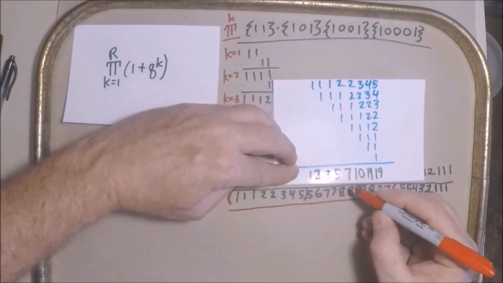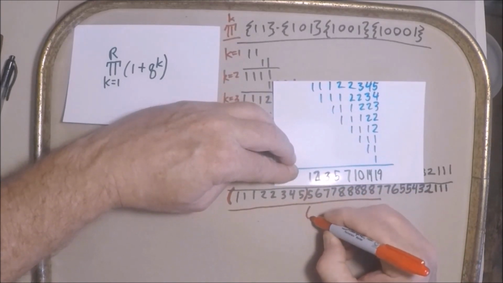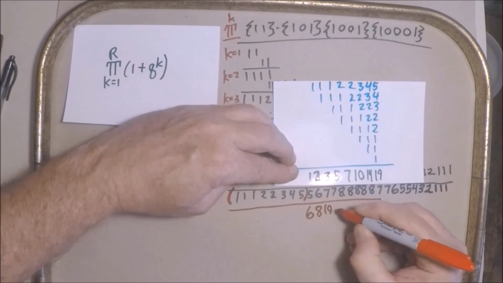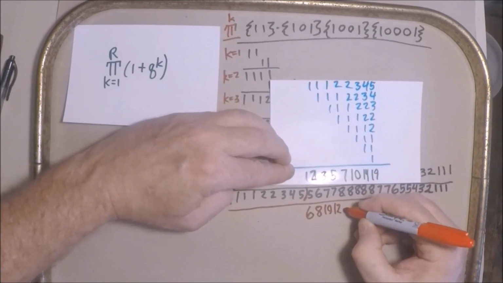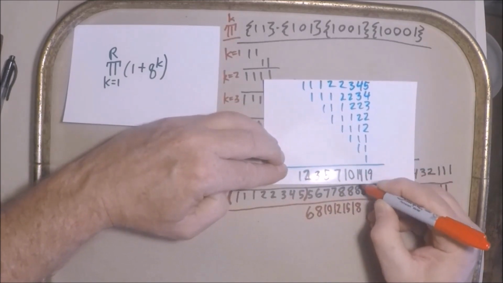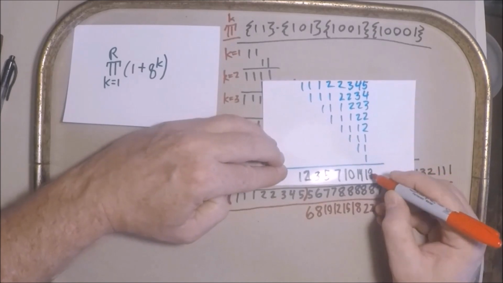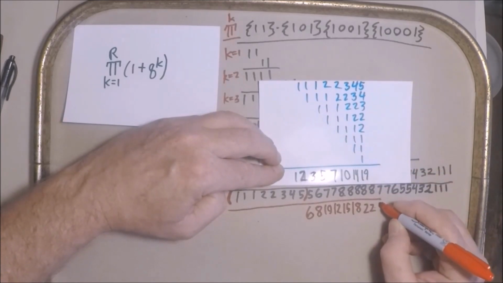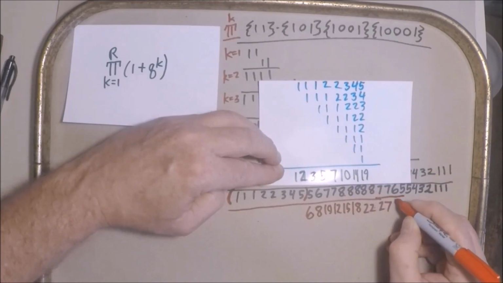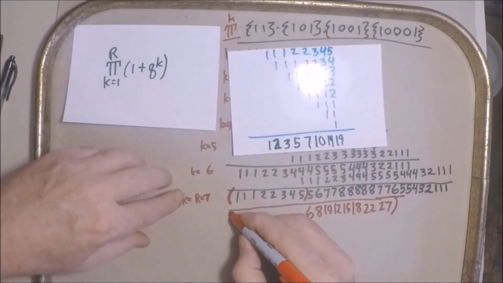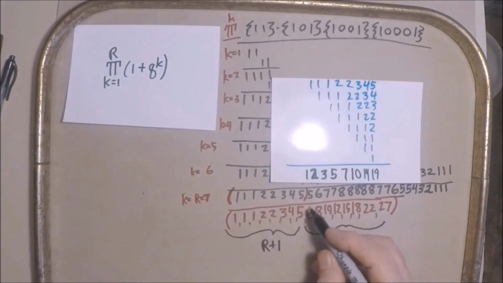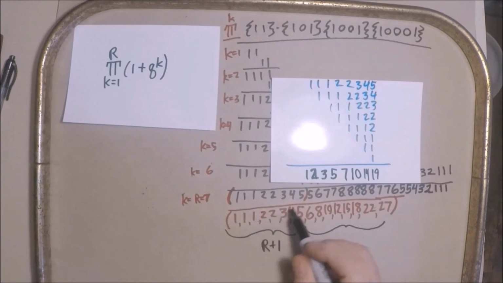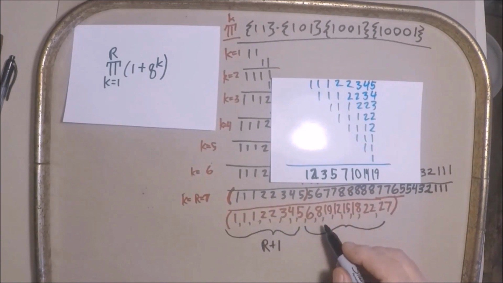extend, and we get 6, 8, 10, 12, 15, 18, 22, and 27. So the contention is that for the price of 1, we get an additional r plus 1 accurate sequence elements.